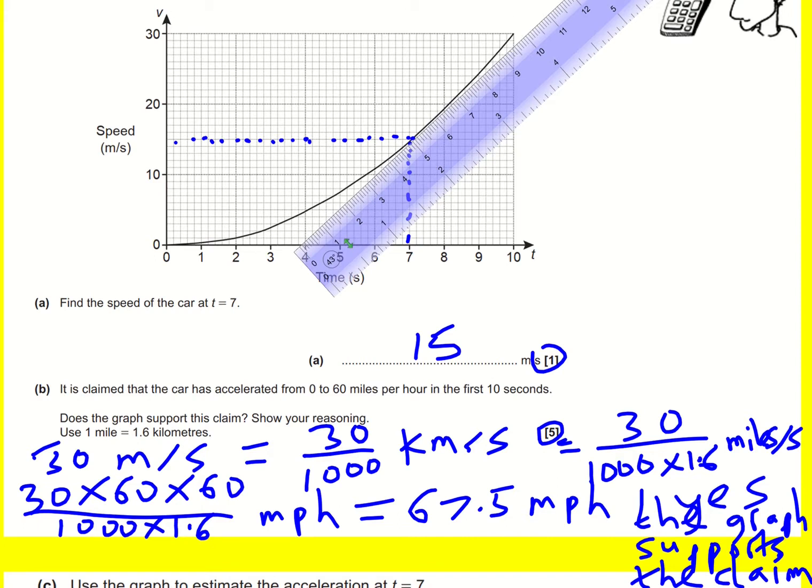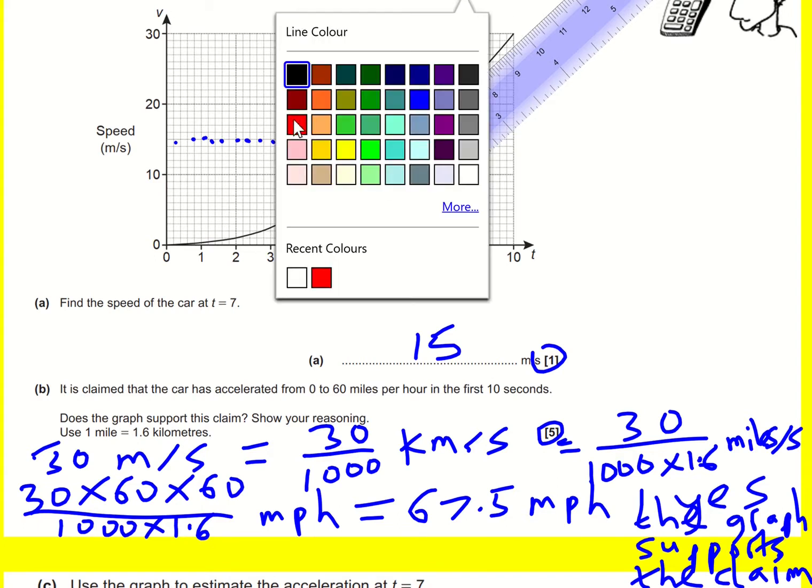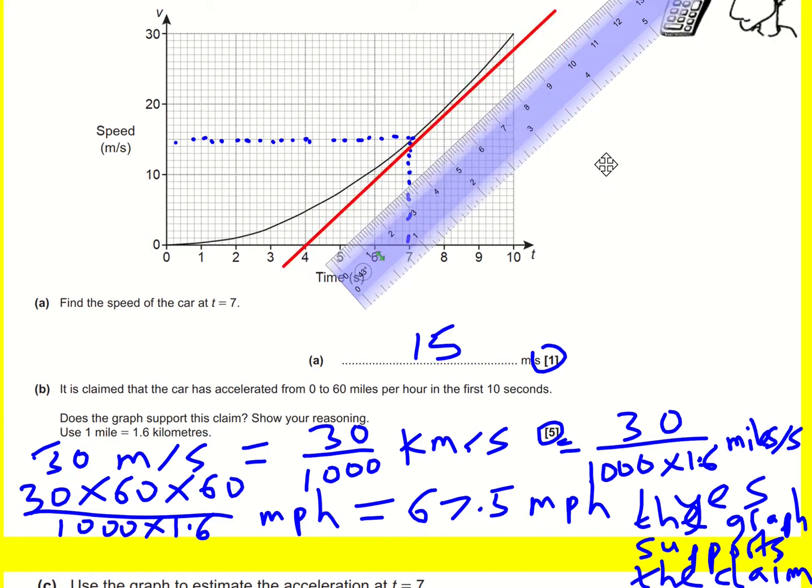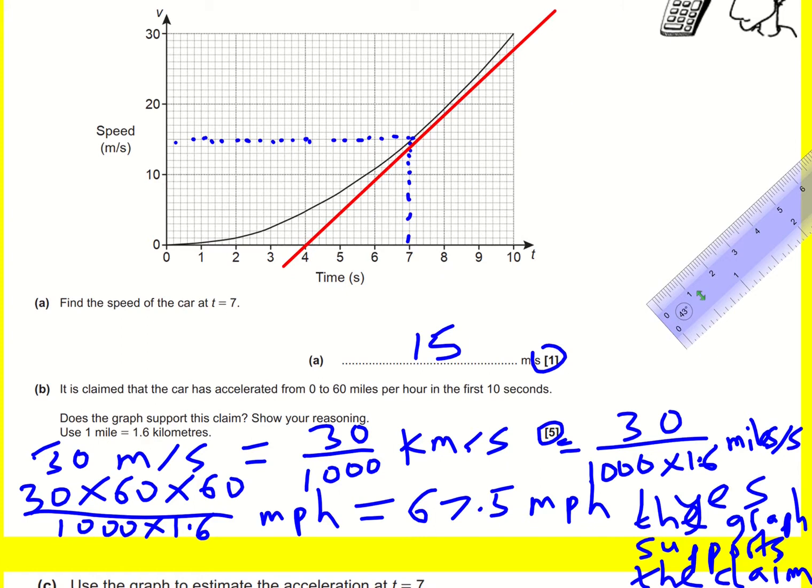Then I get my line and draw it straight along the ruler line, like so. I've gone off the graph a bit, so I now want to look at this tangent and do the rise over the run.